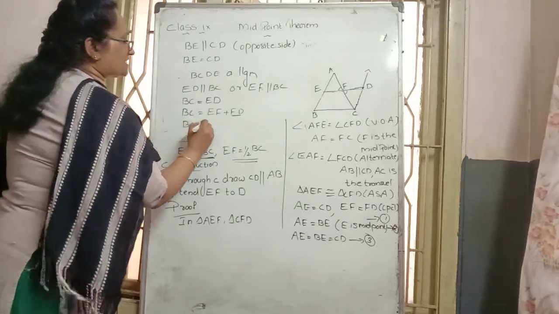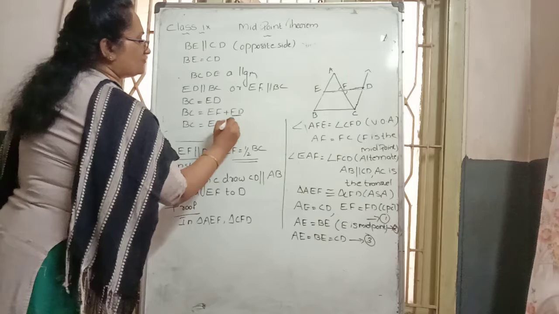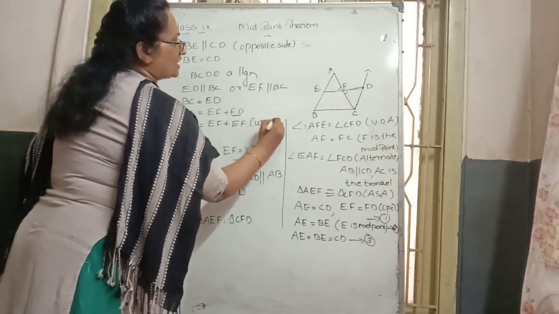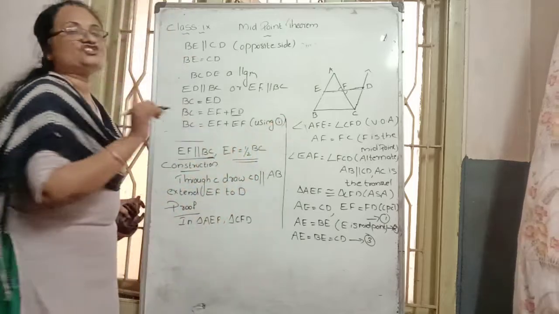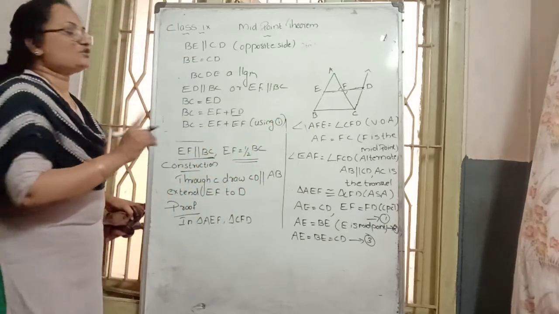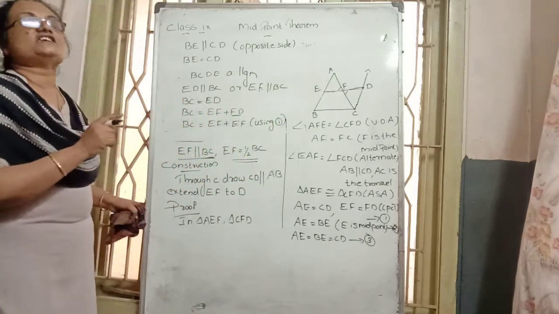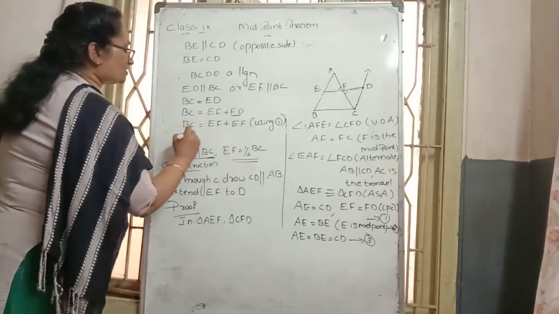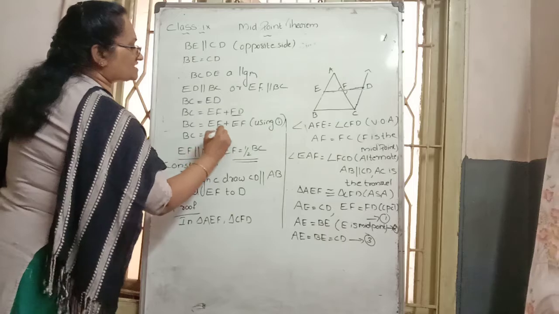So next step, BC is equal to EF plus EF. Reason: using equation 1, we proved that EF and FD are equal. That's why instead of FD we substitute EF. How many times is EF there? Two times. So 2 times EF.